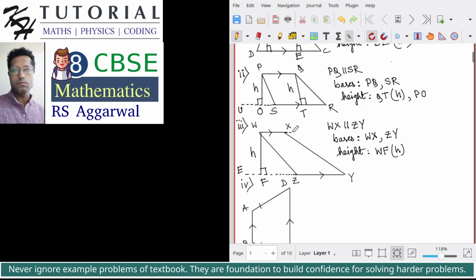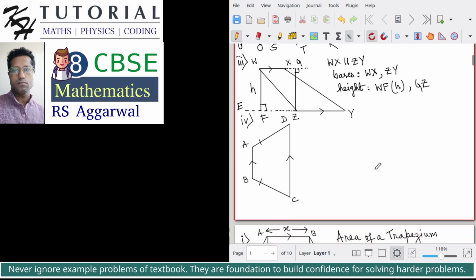So let's extend the side WX, and let's say this is the perpendicular, and this is G. So ZG will also be the height of the trapezium. So GZ is also the height of this trapezium.